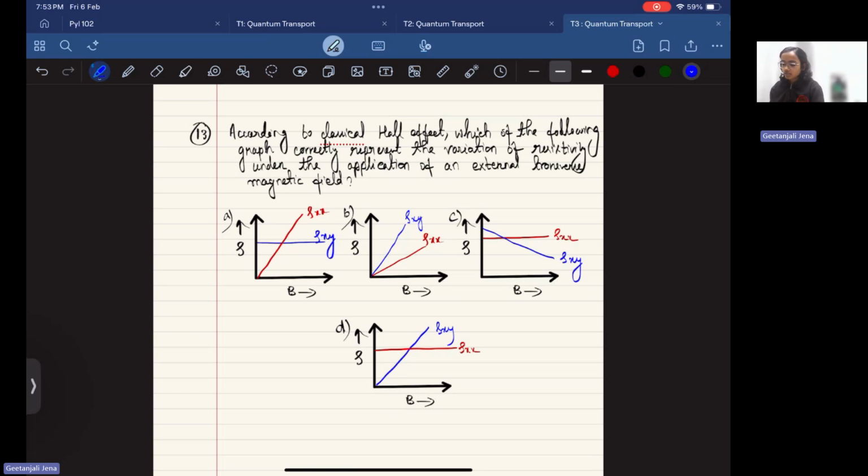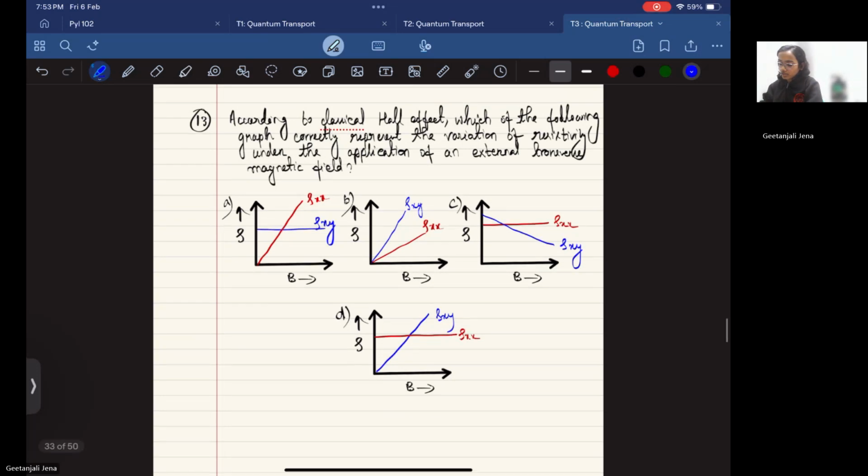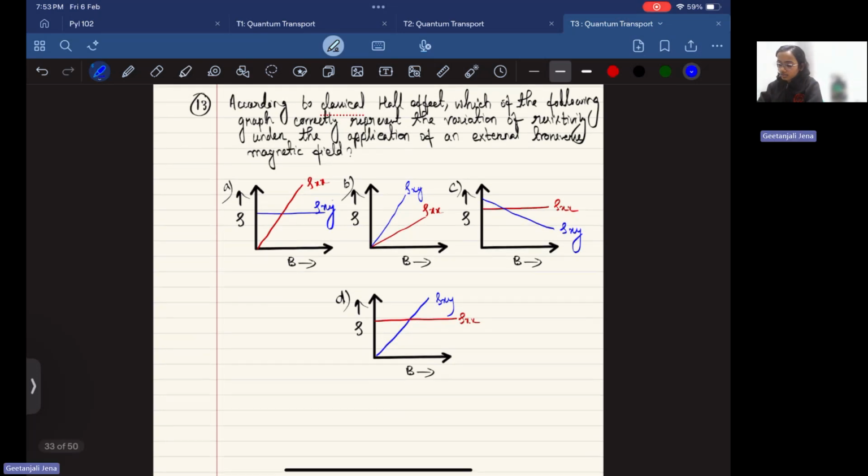So it's a variation of the longitudinal resistivity, which is rho xx, and also the transverse resistivity, how they will behave when you apply an external magnetic field. Whether the transverse will remain constant or the longitudinal will increase linearly. If you recall, this is not the case.